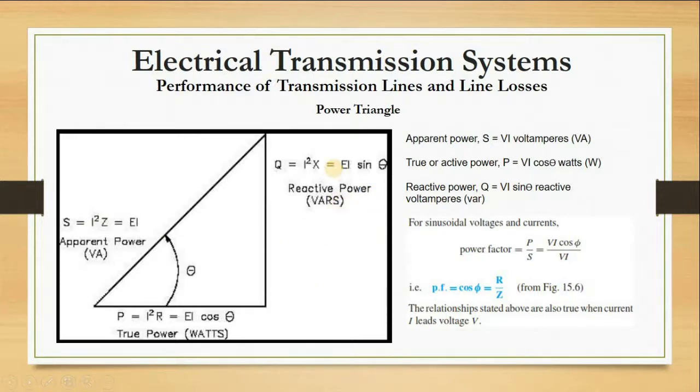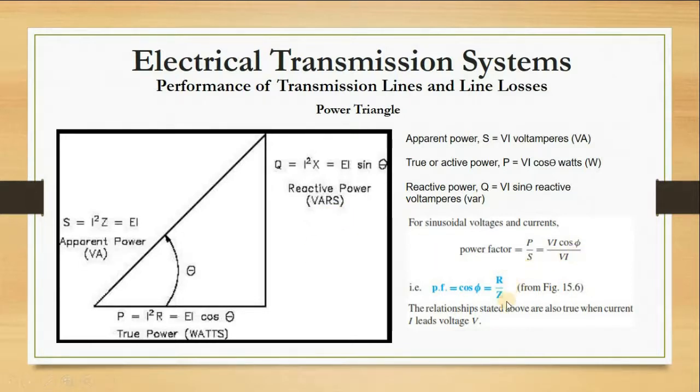So usually when you want to improve power factor, you try as much as possible to eliminate the reactive component. Then your power factor will be unity. It means that you are not going to have any phase difference at all between voltage and current, and by so doing you will save a lot of money.